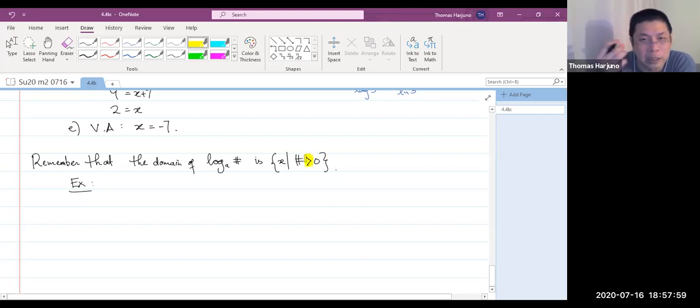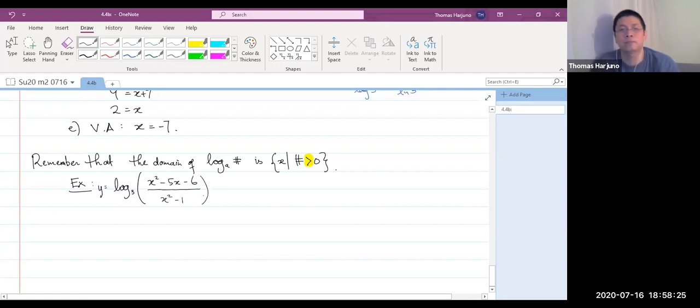Under a log, it has to be strictly positive, cannot be equal to 0. So let's say I have y equals log base 3 of x squared minus 5x minus 6 over x squared minus 1. Find the domain.